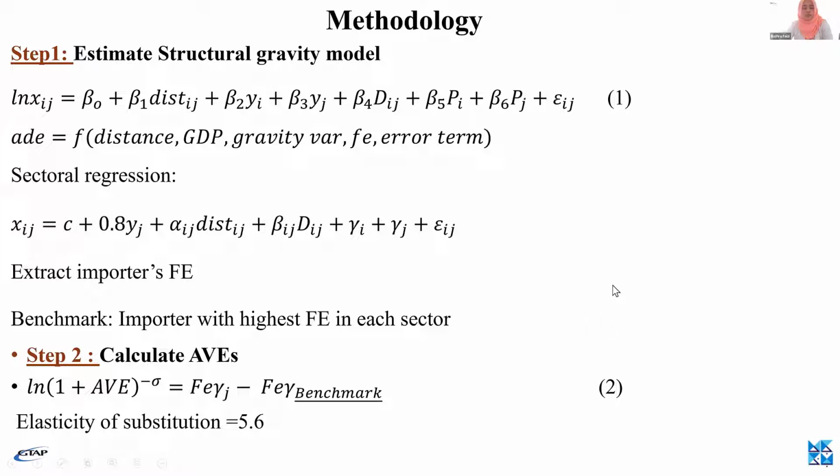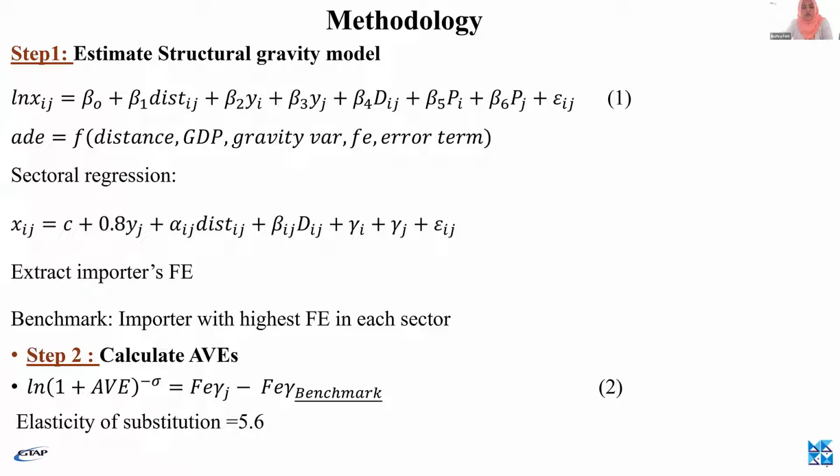So this is the sectoral regression that we modify according to our study. What we do is constrain the importer's GDP to 0.8 and omit the exporter GDP. It's actually technical to look at it this way, but I'll try to keep it simple: we are including the fixed effect, as I mentioned, so the GDP is already captured in the fixed effect.